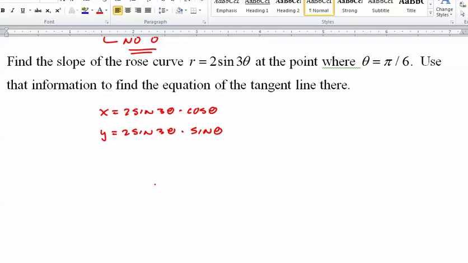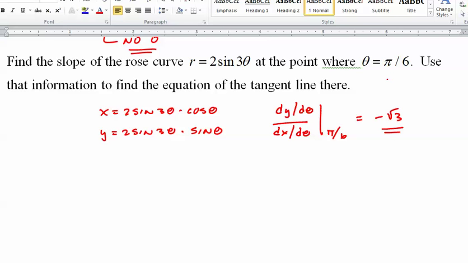I'm going to end up getting dy d theta over dx d theta at pi over 6 is going to be equal to negative root 3. So how do we find the tangent line at pi over 6?